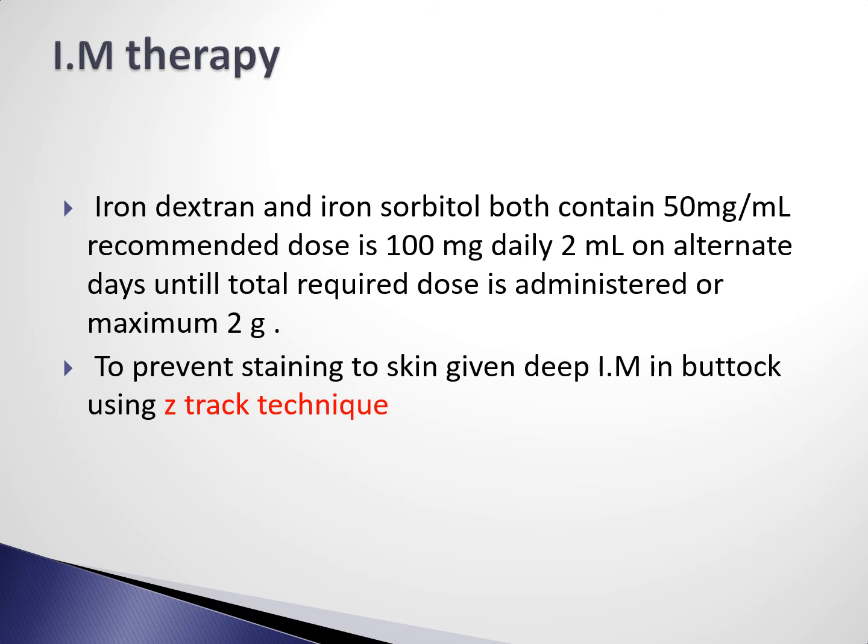In this technique you pull the upper skin and then you give the injection, so that the point of insertion of the needle and the point where exactly the drug is injected form a Z track. It is not a straight track, it is a Z track, and it will prevent the staining of skin.